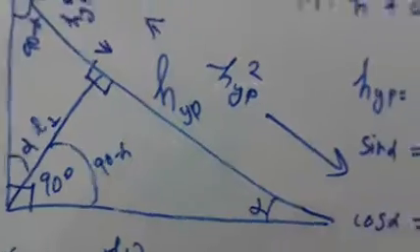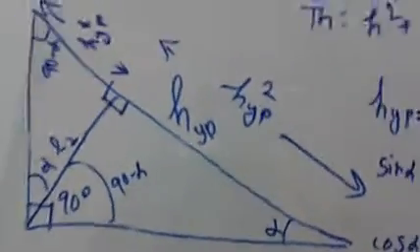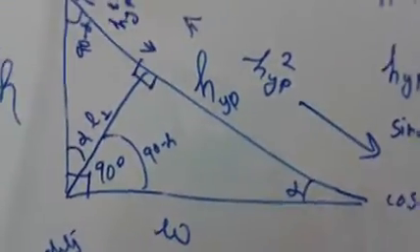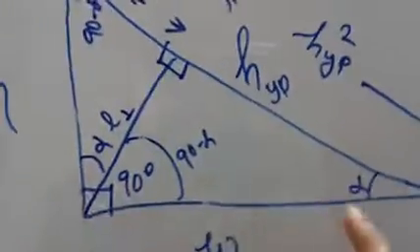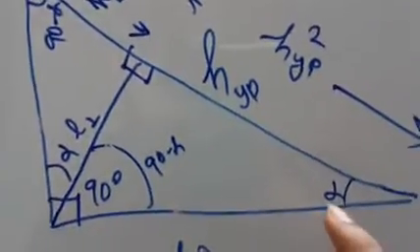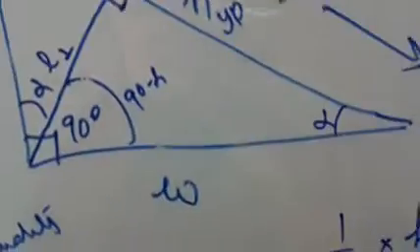So if we use the information from one of the triangles and the overall triangle, there's some kind of overlap. So we don't want to do that. We want to get some kind of independent equations that will lead us to the final answer. So we don't use the fact that sine of alpha equals H by HYP. We instead use the fact that sine of alpha equals L perpendicular by W.